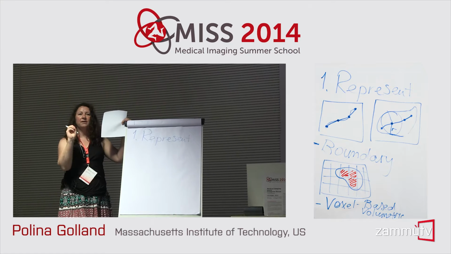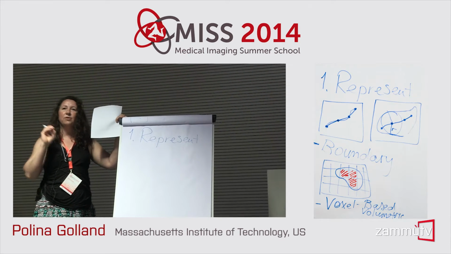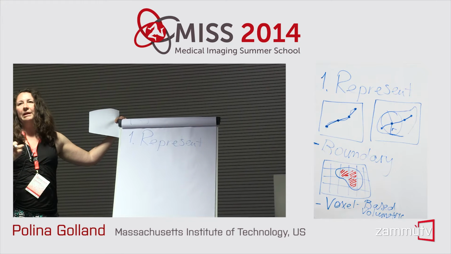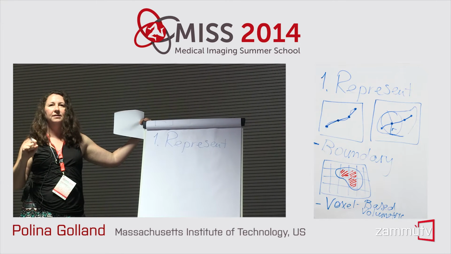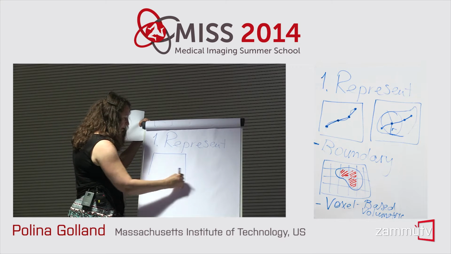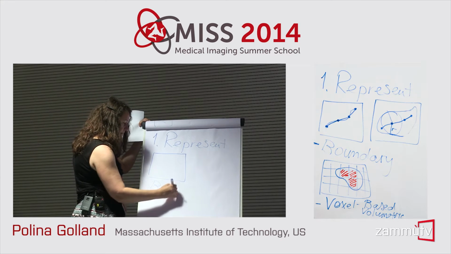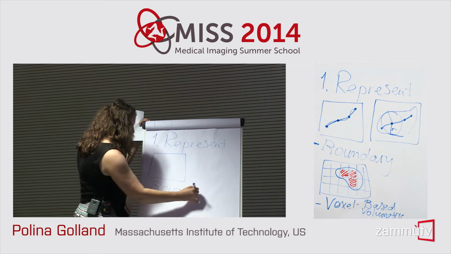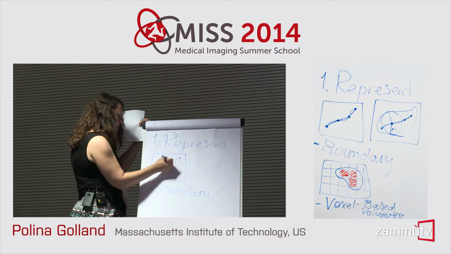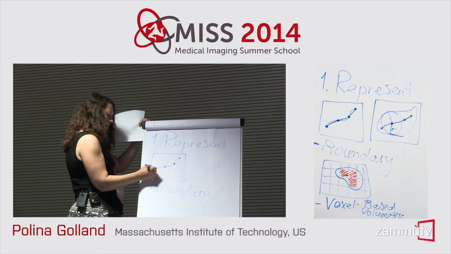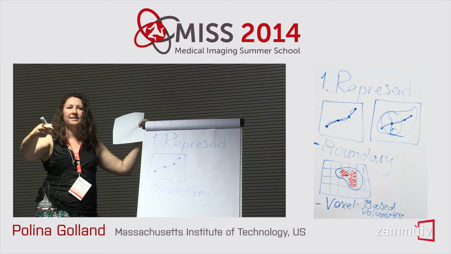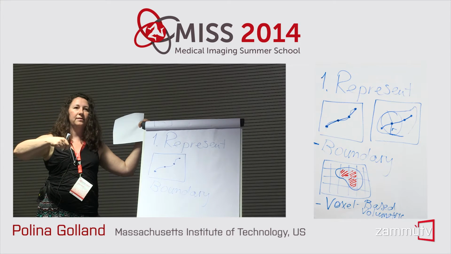So first, you need to figure out how to represent the object. And in all of the computer vision and medical image work in segmentation, people have converged to basically two fundamental approaches to representation. One of them I will call boundary-based. If you have a boundary of the object, I'm going to put little dots, points, along the boundary, and I'll model the XYZ location of that point.